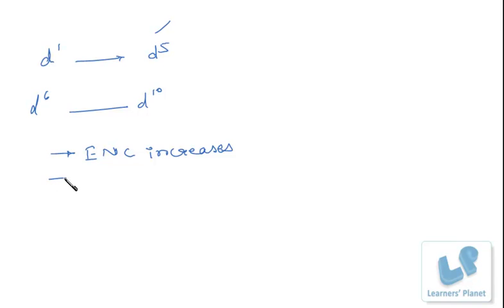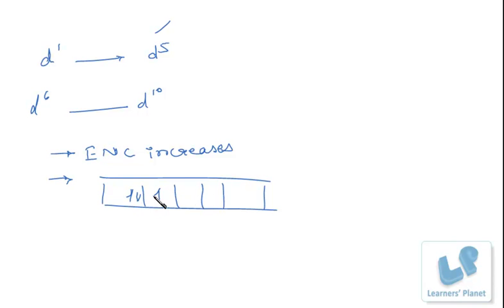Now, after that, along the period, only in the d orbital, the pairing of electrons has started. So what will happen? The inter-electronic repulsion will increase.